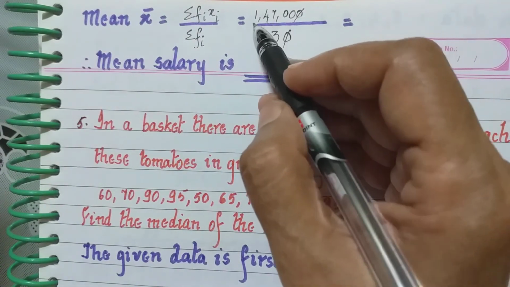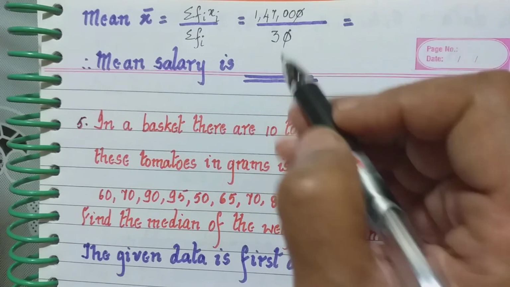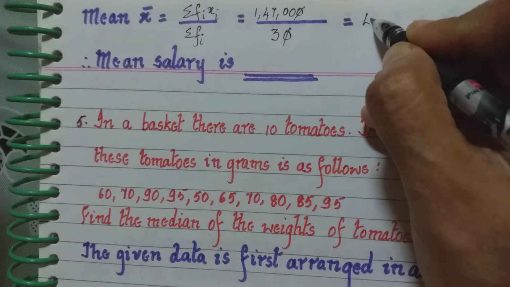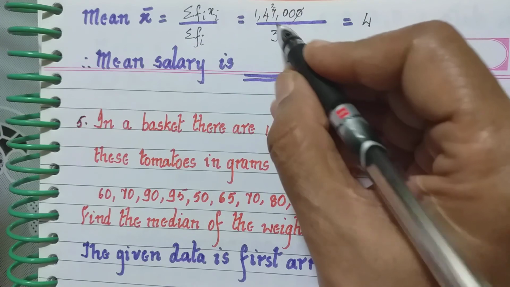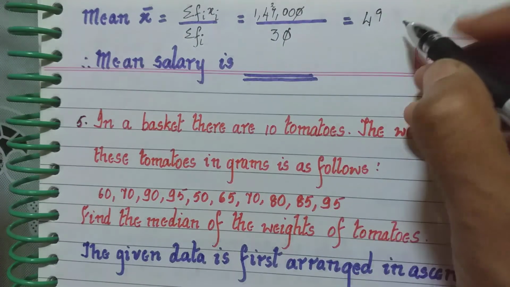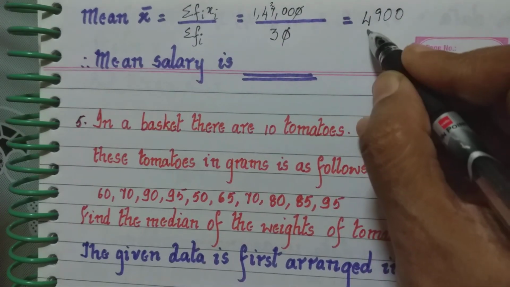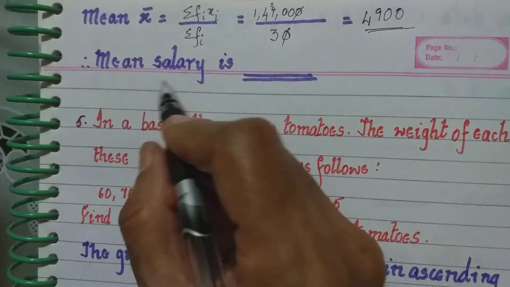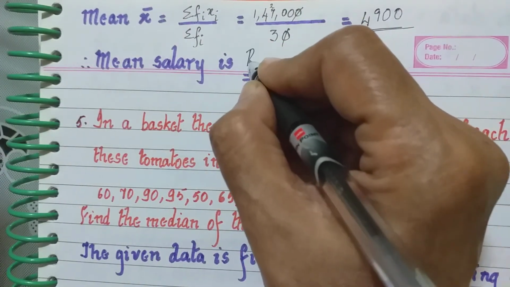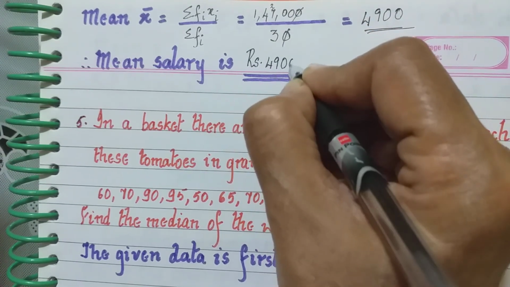We can see that 1 plus 4 is 5, 5 plus 7 is 12. So 3 goes in 14, 3 4s are 12. 2 remains. 3 goes in 27, 9 times. 3 goes in 0, 0 times. 3 goes in the next 0, 0. So the mean salary is 4,900. We write the units, that is rupees 4,900.